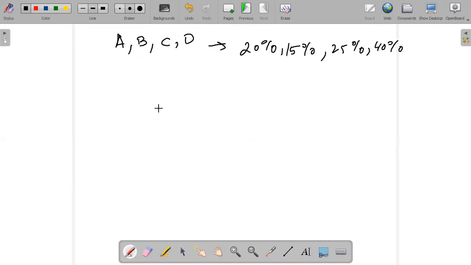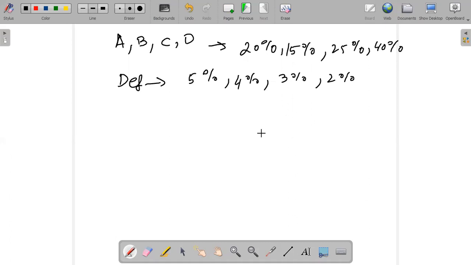Out of this, the defective ones are 5%, 4%, 3%, and 2%.